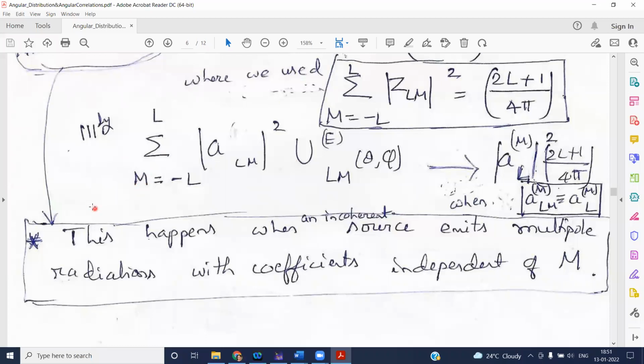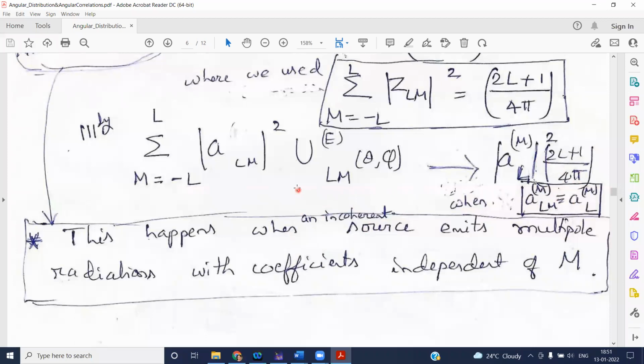When I sum over m in an incoherent source, all the information contained in the gamma ray about angular distribution gets washed out. Because summation over m, according to theory, gives you simply 2l plus 1 divided by 4 pi, which doesn't depend on theta phi. So no theta phi dependence can be stored if you use an incoherent source. Even if you measure an angular distribution, you get an isotropic distribution. You don't get any information.